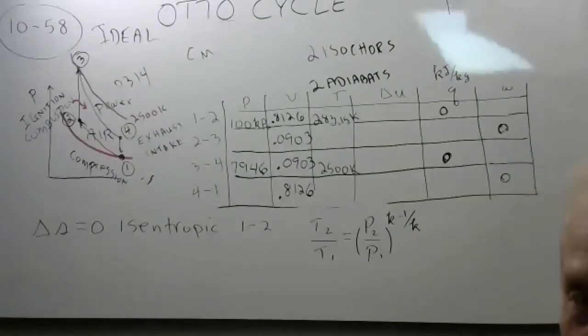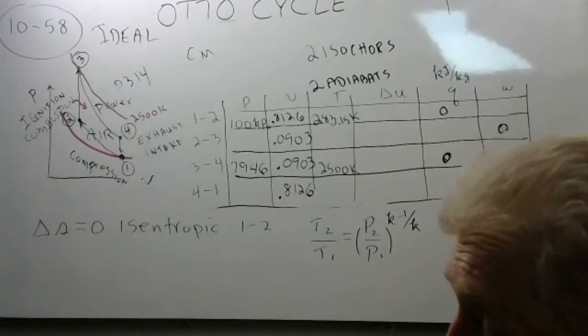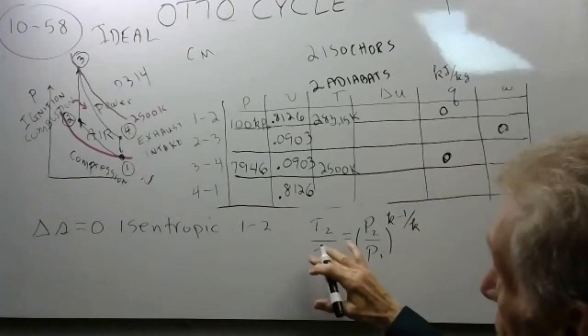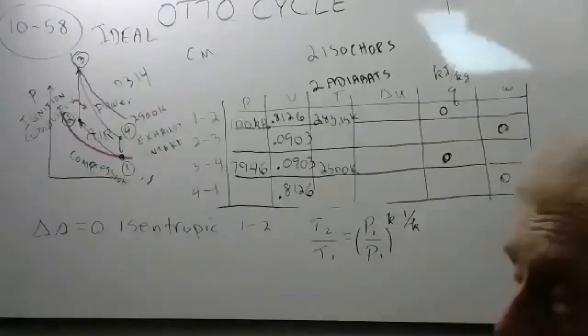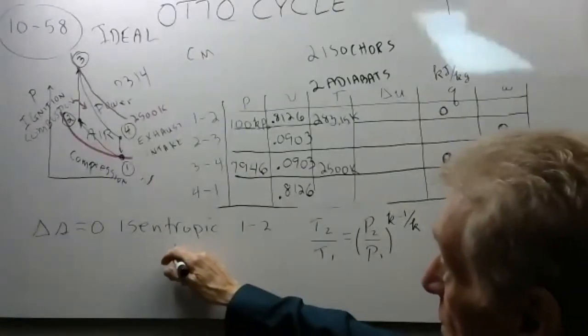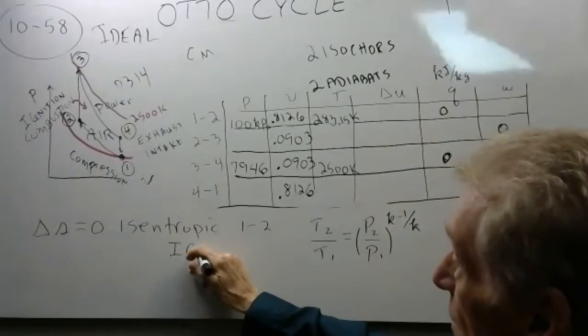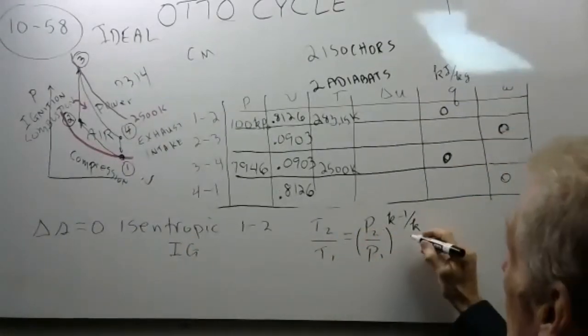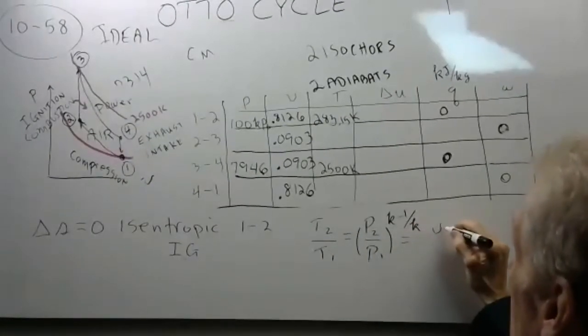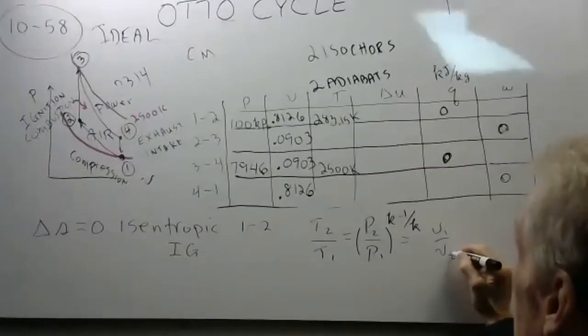See that lovely formula there? And remember the warning now, it only works for the isentropic ideal gas. It has to be an ideal gas. If you have an isentropic ideal gas, then you have this formula. But wait a minute, there's another part to it that goes like this.